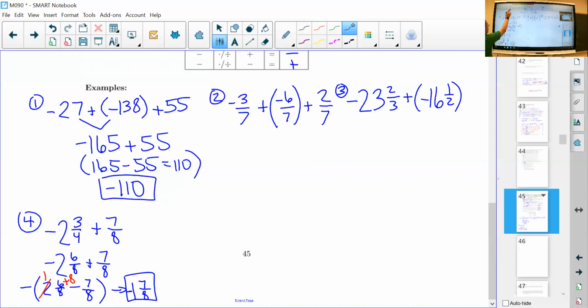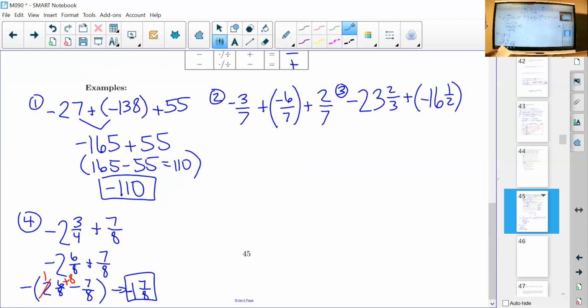But we can just apply that rule if we don't want to think about it that way. If we just think about it as take the absolute values, take their difference, and tack on that minus sign if it's needed. And you can also convert to improper and do it that way.